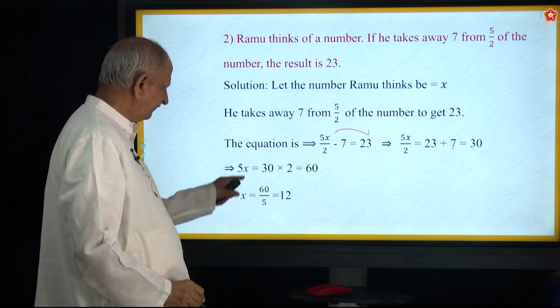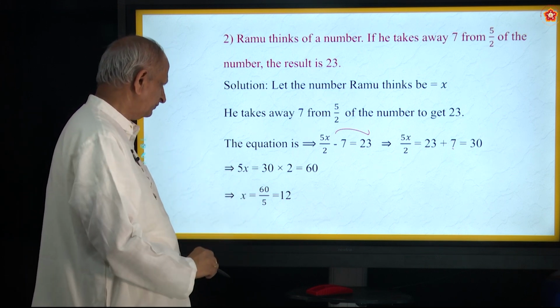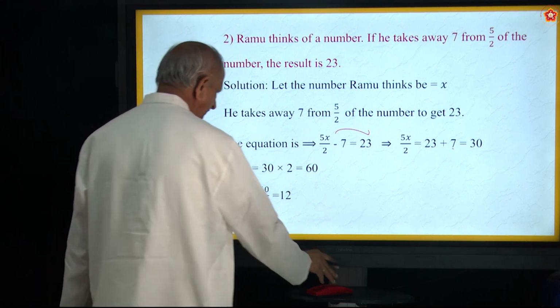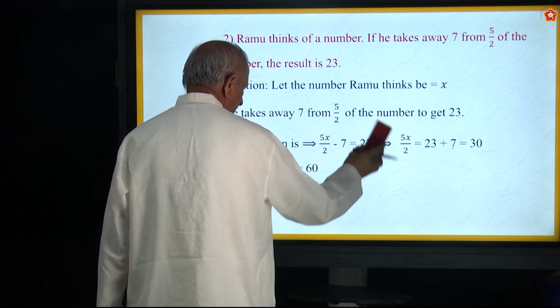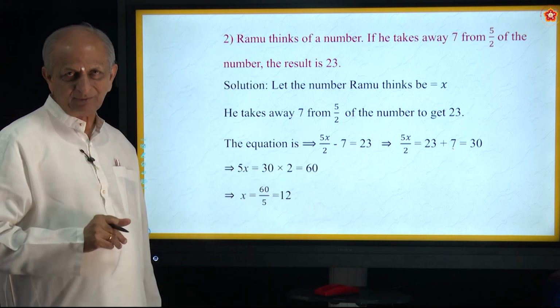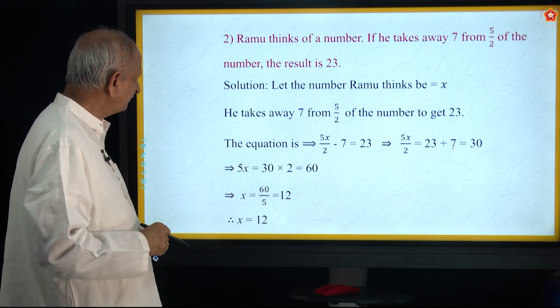Now to get the value of x, you have to divide by 5, 60 by 5, that is 12. Okay, that is an interesting question. First you note down in the book, then try to write down without seeing the book. Okay, that's how you practice.